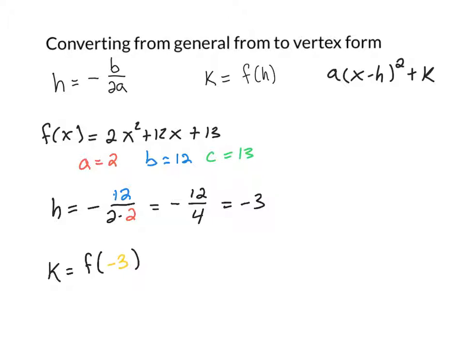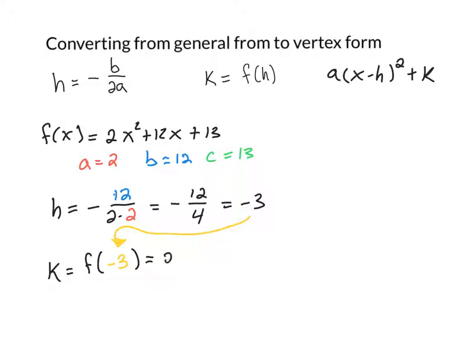I want to know, what is the output of my function when I evaluate it at negative 3? So I'm going to come back up to my general form, the equation of my function, and plug negative 3 in and see what I get.